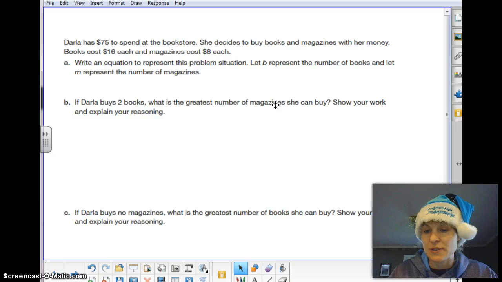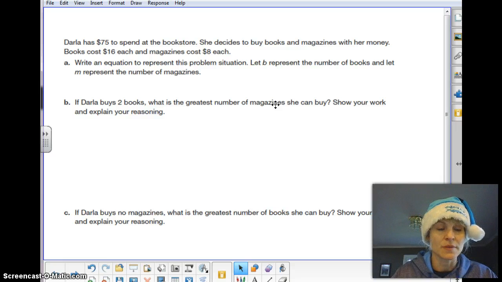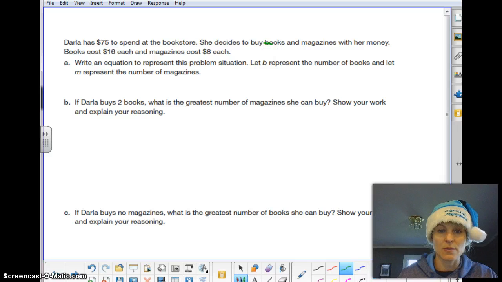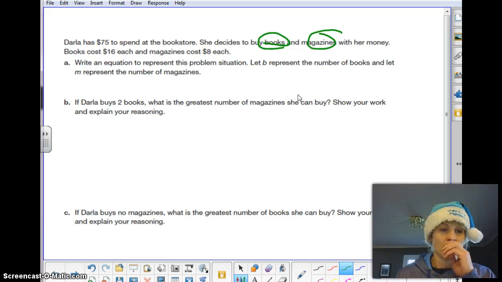Then we also have to deal with x and y intercepts with word problems. Okay, so the first thing we do is set up the equation. So if I look at this particular word problem, Darla has $75 to spend at the bookstore. She decides to buy books and magazines. So that's my clue that my two variables are going to be books and magazines.